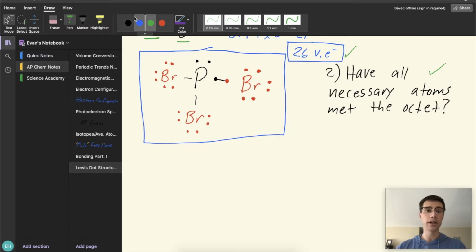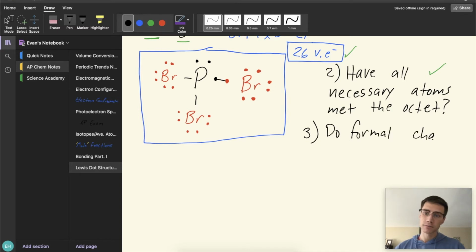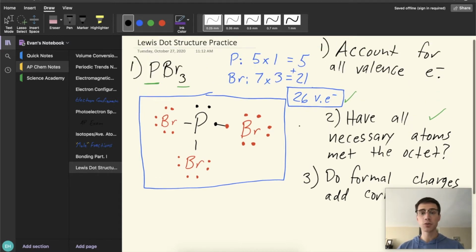They are all satisfied. Now, the last thing that we need to do, and this is probably the most complicated, is: do formal charges add correctly? Now, there are really 2 differences to determine whether they add correctly or not. And the only differences between that are we given a formula for a neutral compound, or are we given a formula for a polyatomic anion or ion in general?